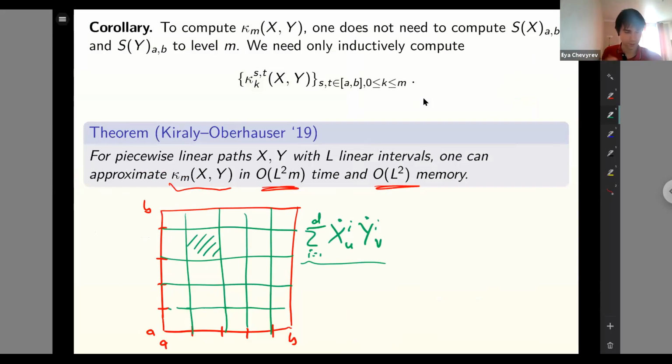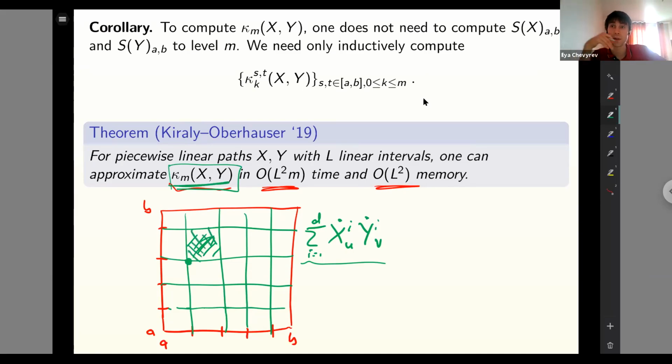So the unfortunate thing is that the kernel itself changes values as you move along the square. But you can essentially just say that I'm going to approximate this kernel, inside of that big integral that I had before over all of these squares, by restricting it to the value at the bottom left corner of the square. So I'm going to enforce that this kappa remains constant over that square.